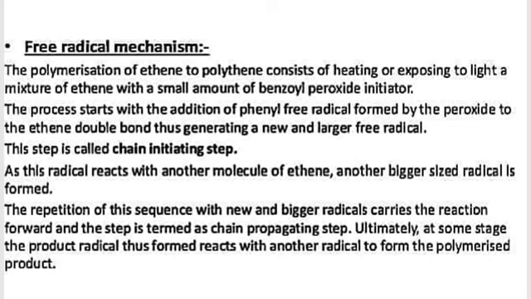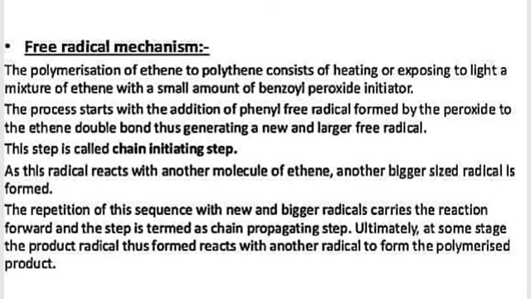We remember the free radical mechanism, in which we normally use a peroxide, that is benzoyl peroxide, as an initiator. The free radical mechanism has 3 steps: chain initiation, chain propagation, and chain termination. The process starts with the addition of a phenyl free radical formed by the peroxide to the ethene double bond, thus generating a new and larger free radical. This step is called the chain initiation step.